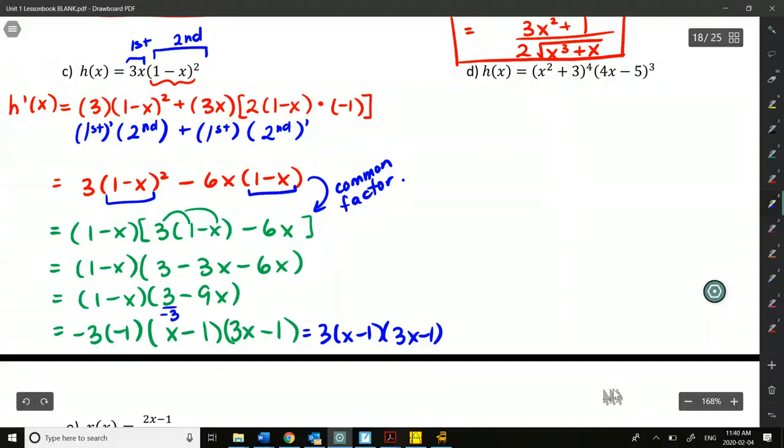So when I divide this by negative 3, I get negative 1 here, and I get positive 3x here, and then I just swapped their positions. So really what I'm doing is I took out a negative 1 from each of those, and a negative 3 from each of those. So I'm dividing the first bracket by negative 1 and the second bracket by negative 3 to common factor those out.